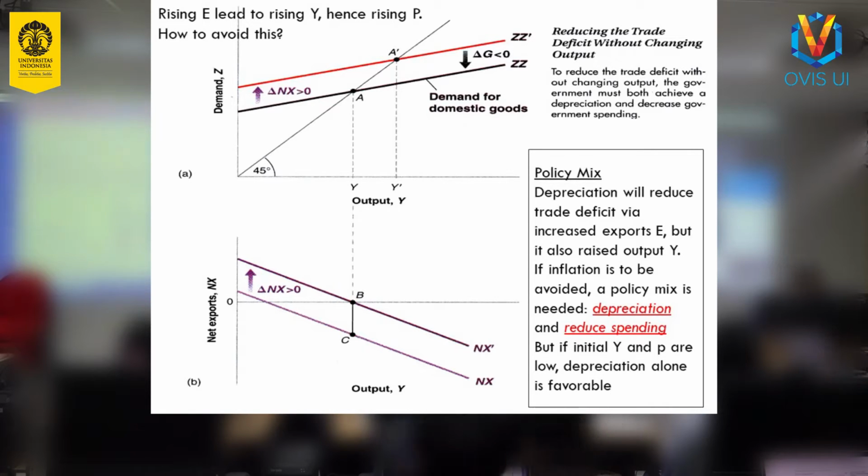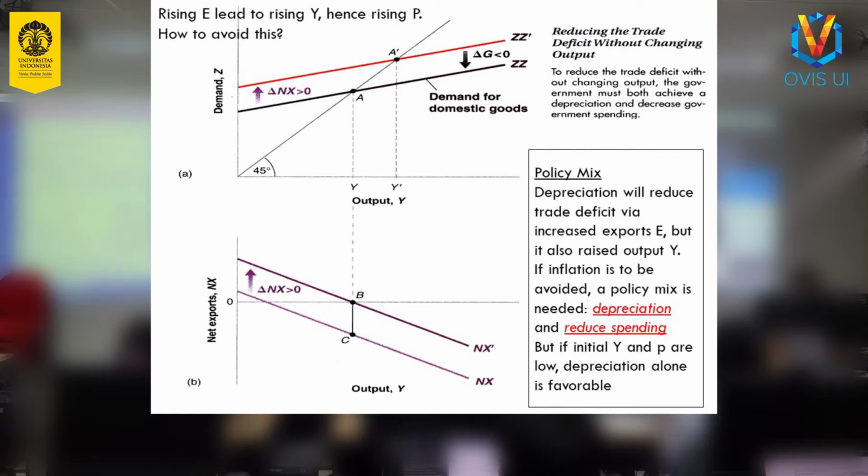You see what I mean? Or you reduce the spending, the government spending. So in other words, when export increases, remember this, export, okay, from ZZ to ZZ prime, and your output potentially increases from Y to Y prime, but we know the story, if you increase Y to Y prime, trade deficit widens, and you don't want that, then you can reduce the Y prime to Y. How do you do that?